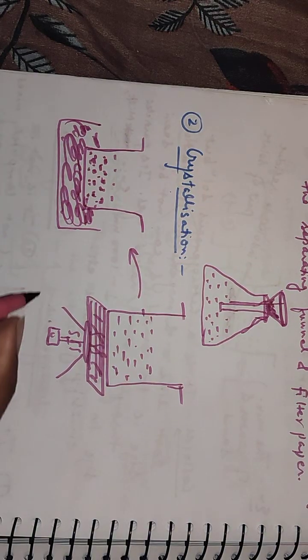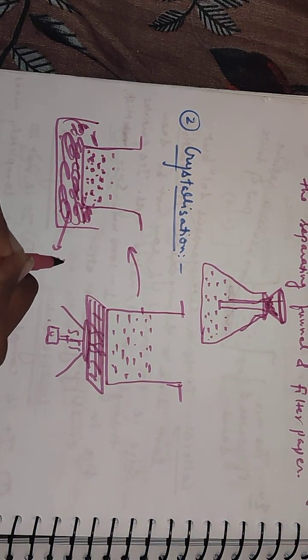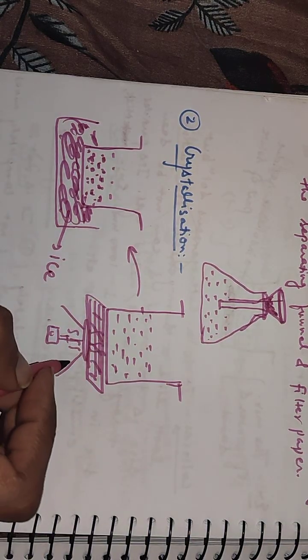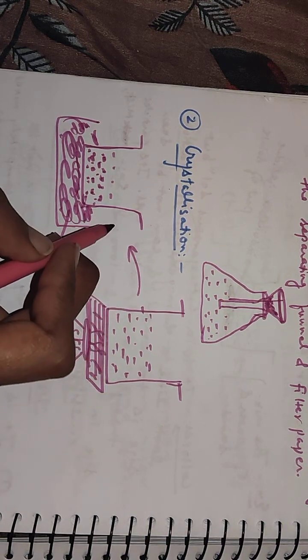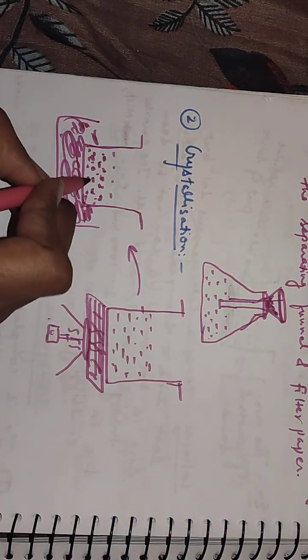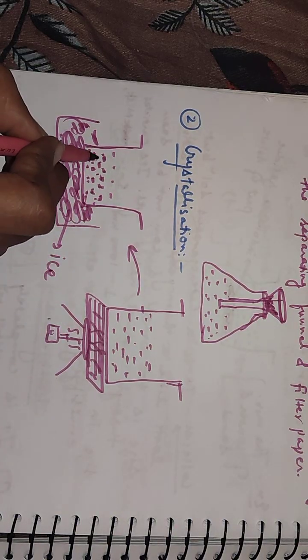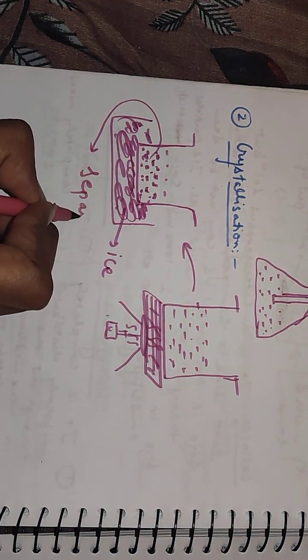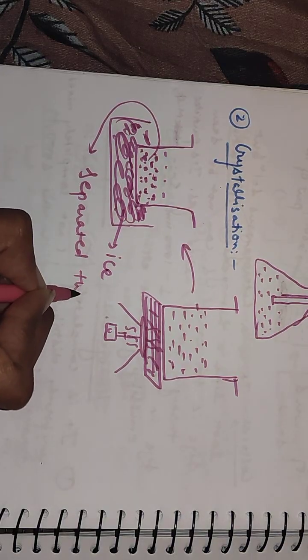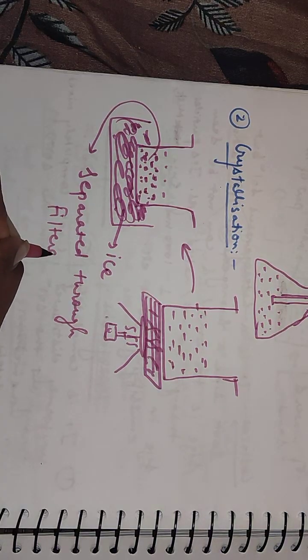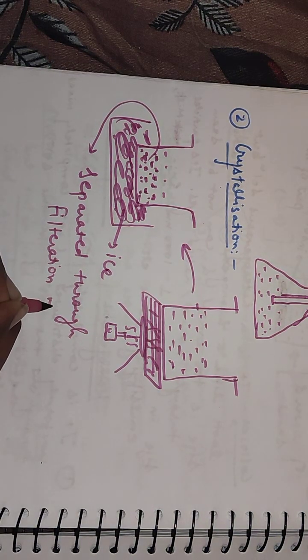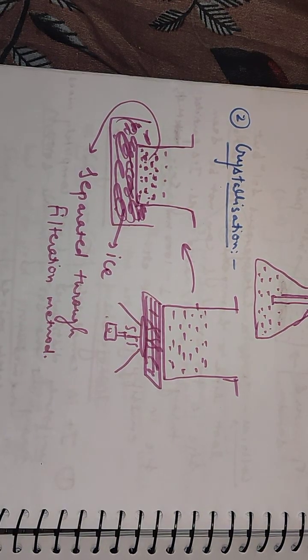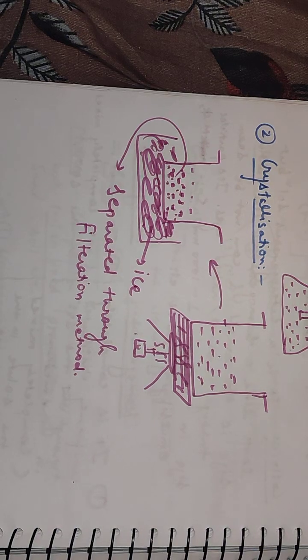Here the first step is warming, which means boiling the compound, and then sudden cooling, and we see crystals formed, which can be separated through the filtration method. So this is the very important part of the crystallization separation technique.